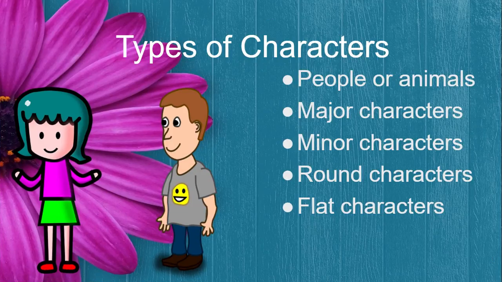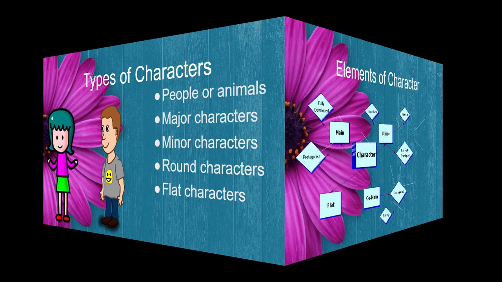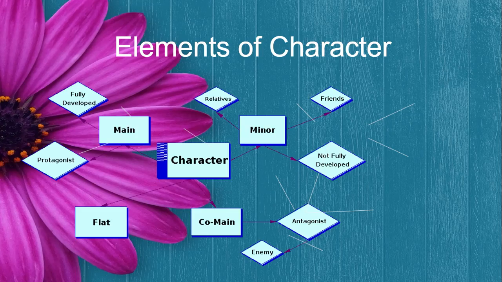Types of characters in a story: people or animals, major characters, minor characters, round characters, flat characters. The different elements of a character: main character, minor character, flat character, co-main character.